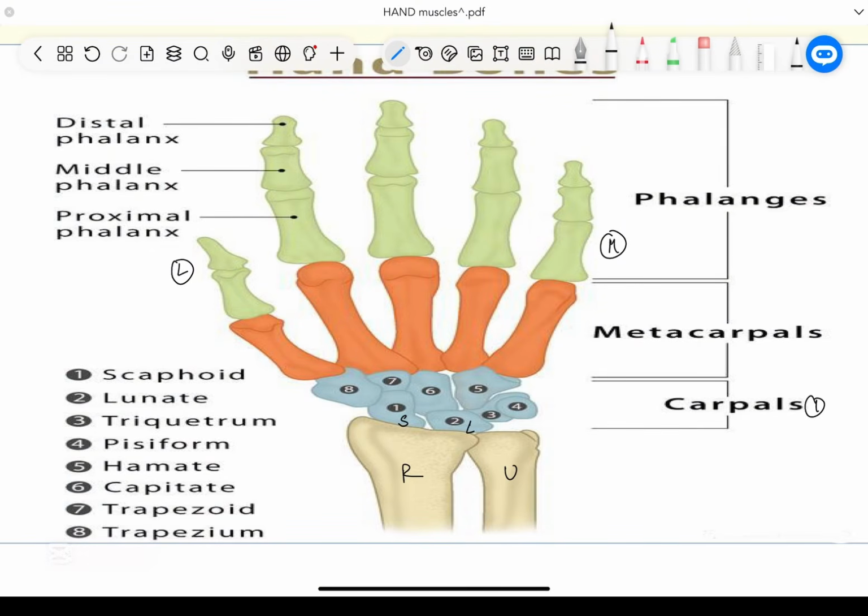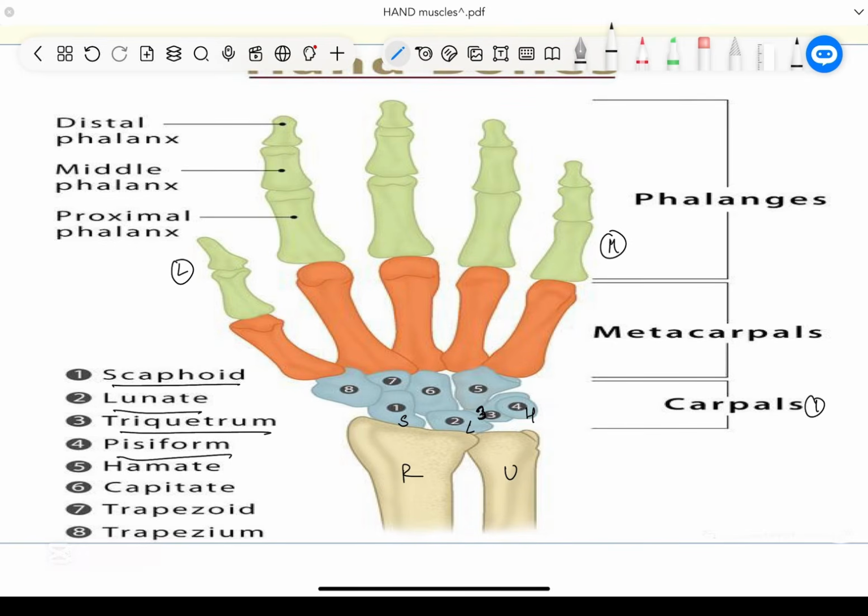Number 1, this is scaphoid. Number 2, this is lunate. Number 3, this is called triquetrum and this is called pisiform. So scaphoid, lunate, triquetrum, pisiform. This is the first row from lateral to medial.